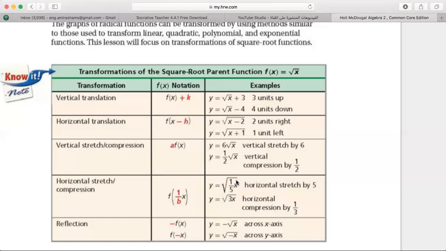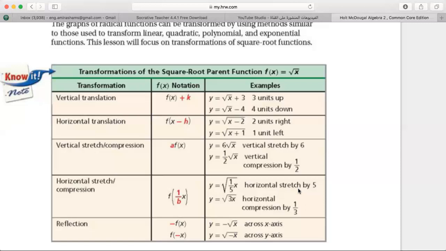The factor 5 is greater than 1, so it is a horizontal stretch. Like the vertical, if the factor is greater than 1, it is a stretch. If the factor is less than 1, it is a compression. This rule applies to both the vertical and the horizontal stretch.